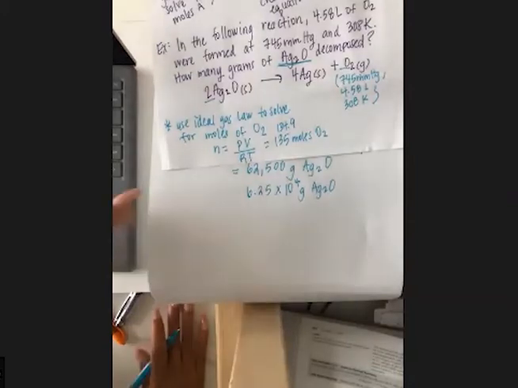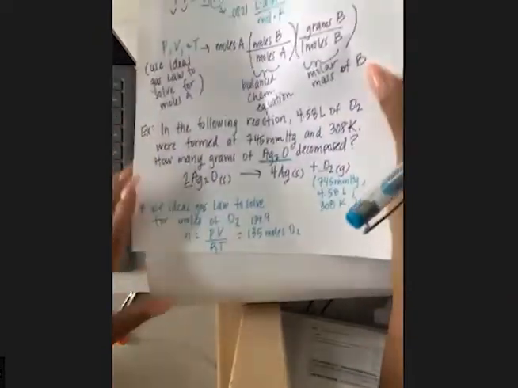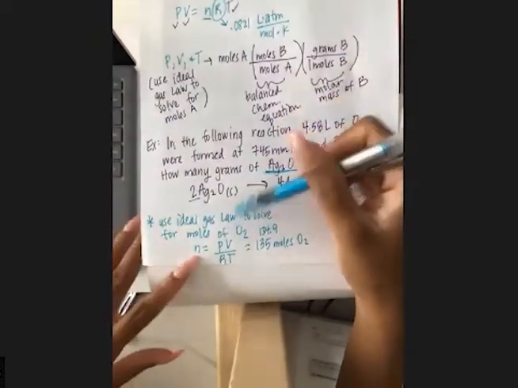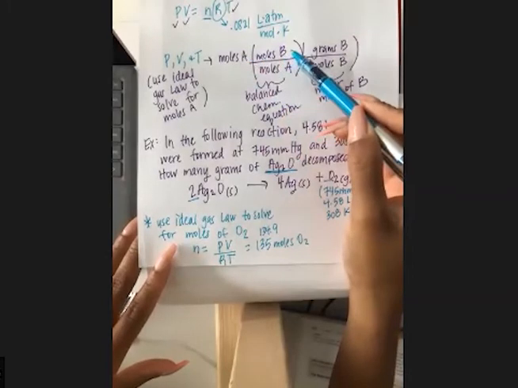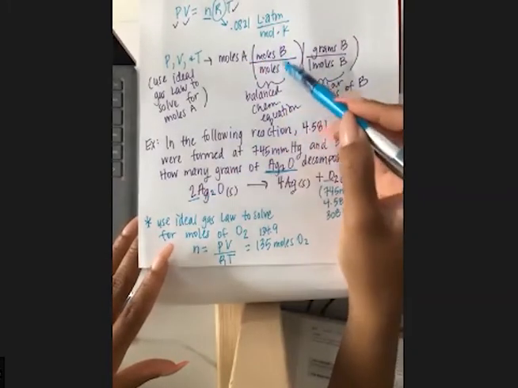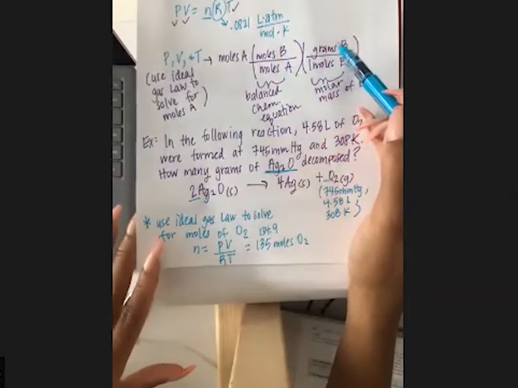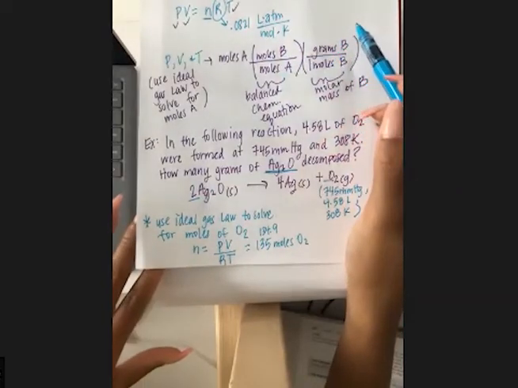Once you get the amount of moles, you use the ideal gas law to solve for moles, and then once you get your moles, you can convert your moles to the other substance's moles with the mole ratio, and then multiply by the molar mass to get the grams.